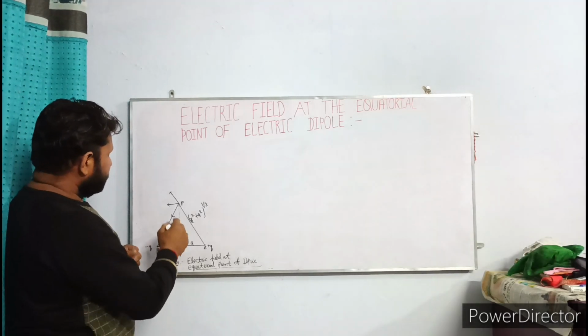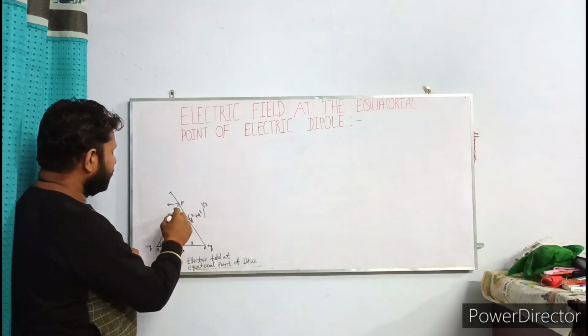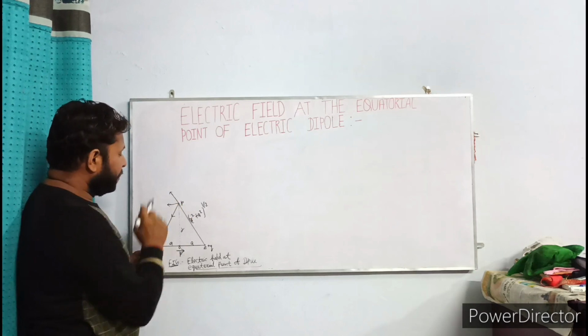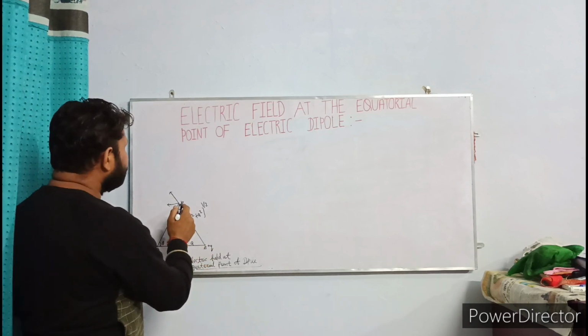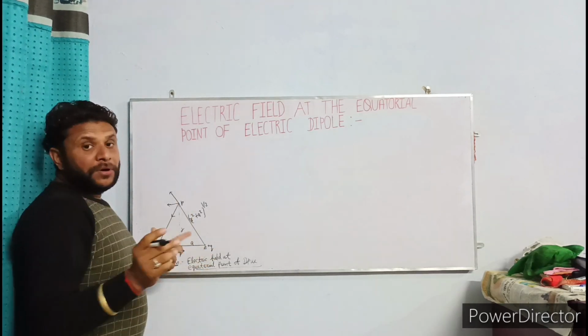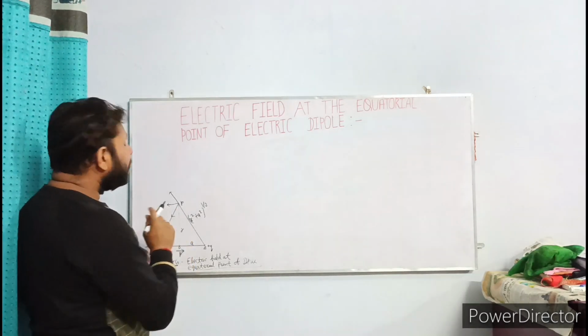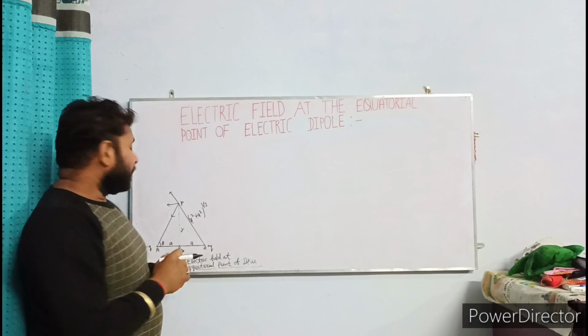From here, we can draw a line vertically and perpendicularly, and that touches the point P. Here we have to calculate the electric field at the position of the equatorial point, that is, this point is on the equatorial line.